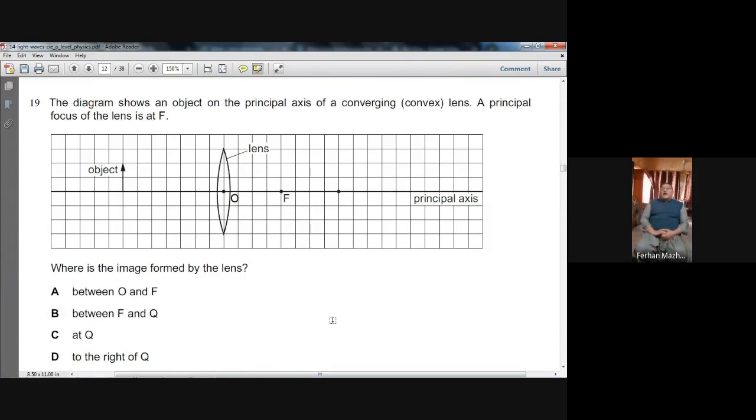The diagram shows an object on the principal axis of a converging lens. The principal focus of the lens is at F. Where is the image formed by the lens?